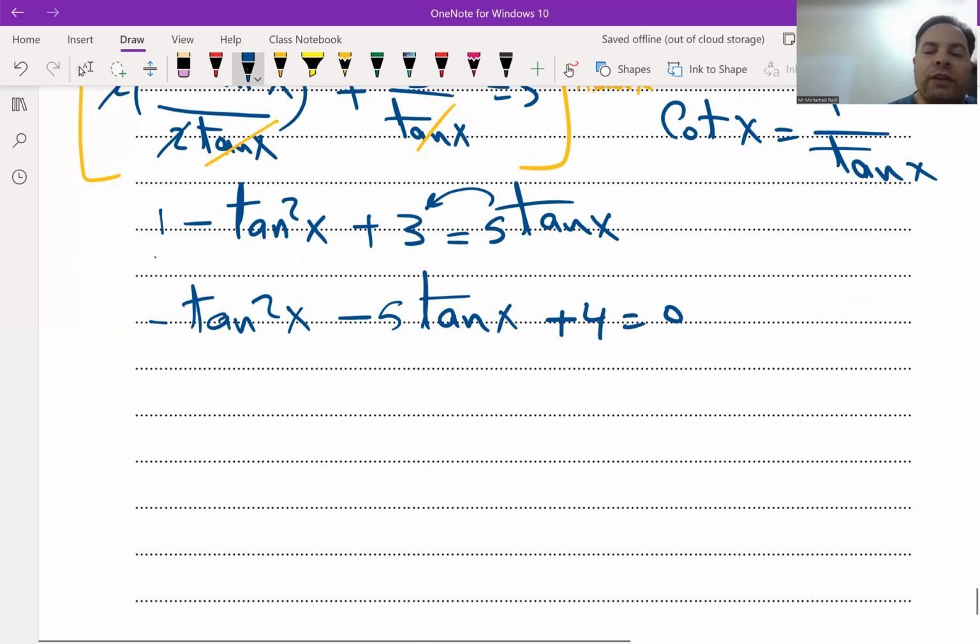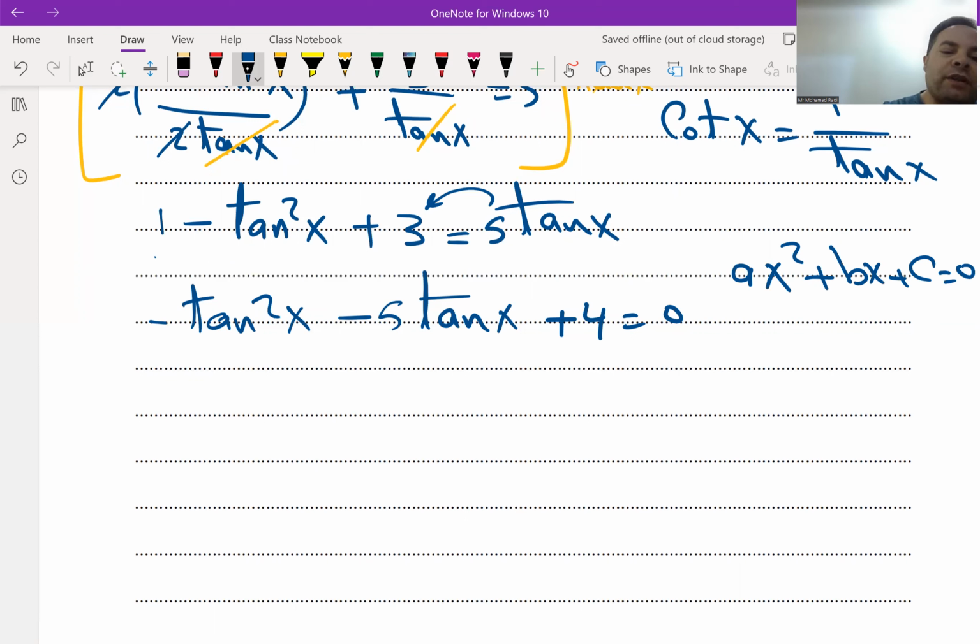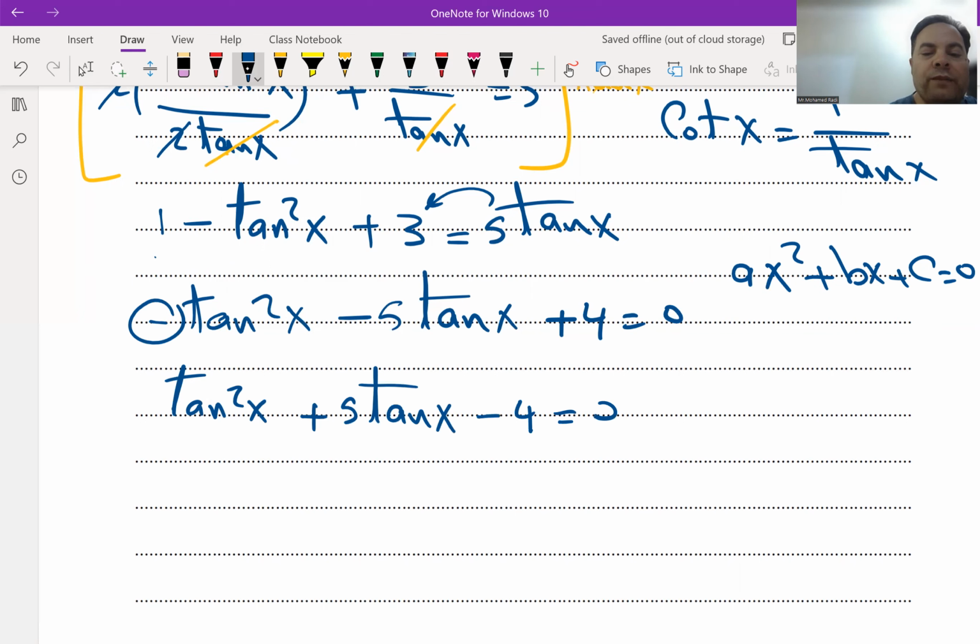So this equation is now in the form ax squared plus bx plus c is equal to 0. It's better to write the coefficient of tan squared x as positive, so you can change it by multiplying all by -1. So tan squared x plus 5 tan x minus 4 is equal to 0.